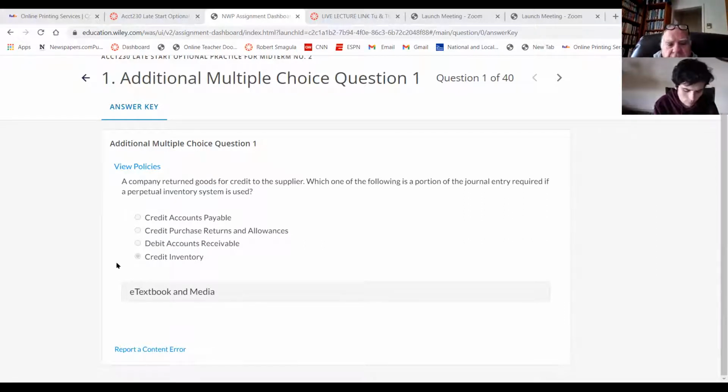So your answer is credit inventory. My suggestion is have these journal entries written down before the test so you can refer to them. It's a little tricky if you try to do it without writing the template down, okay?